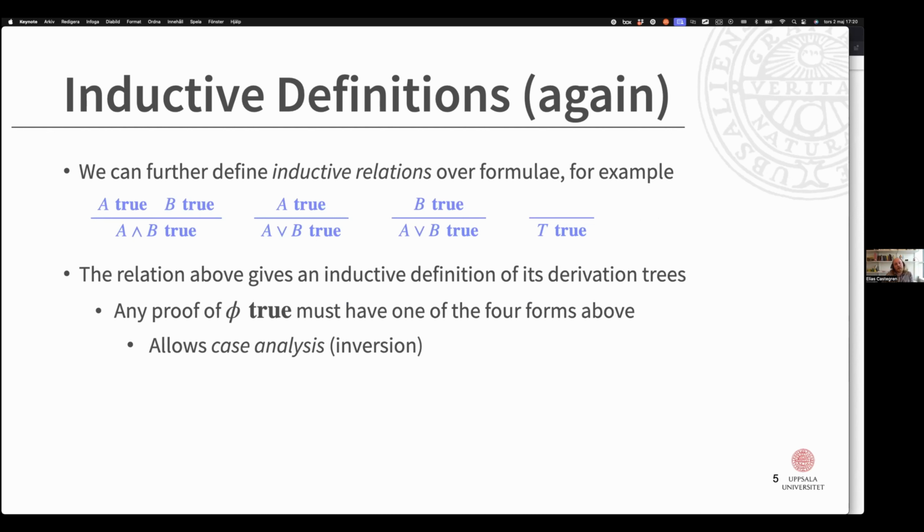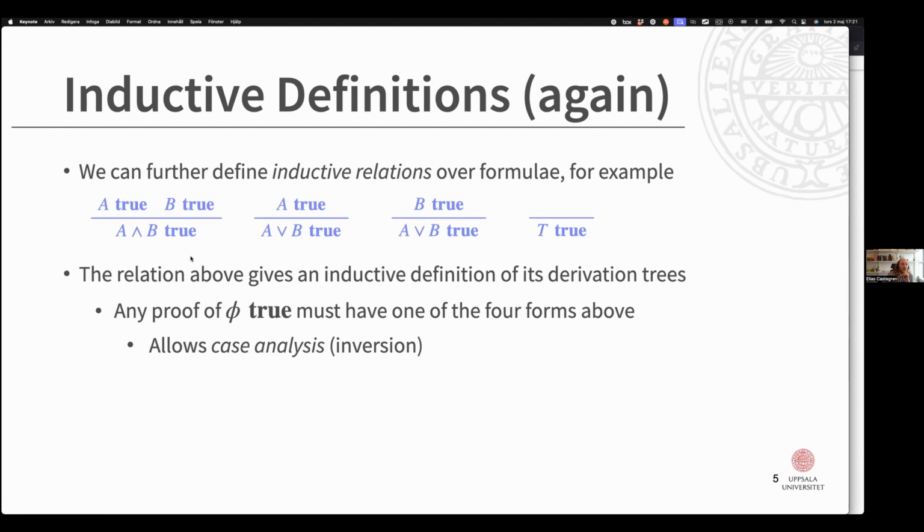What do I mean by that? Well, I mean exactly the same thing as before. If you have a proof of phi true, then that proof must have one of these four forms above. So that allows us to do case analysis.